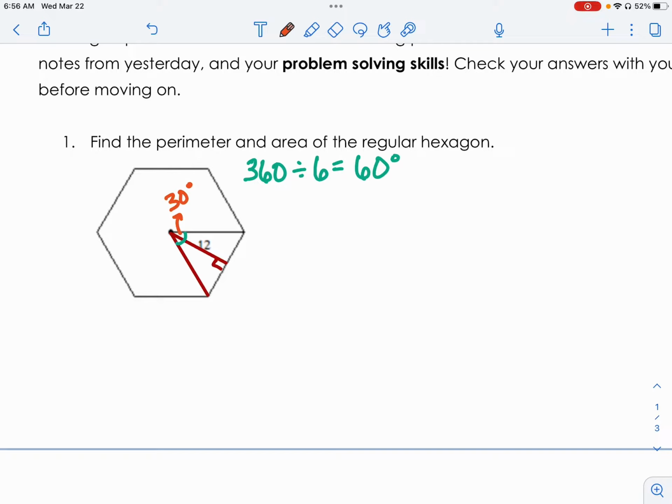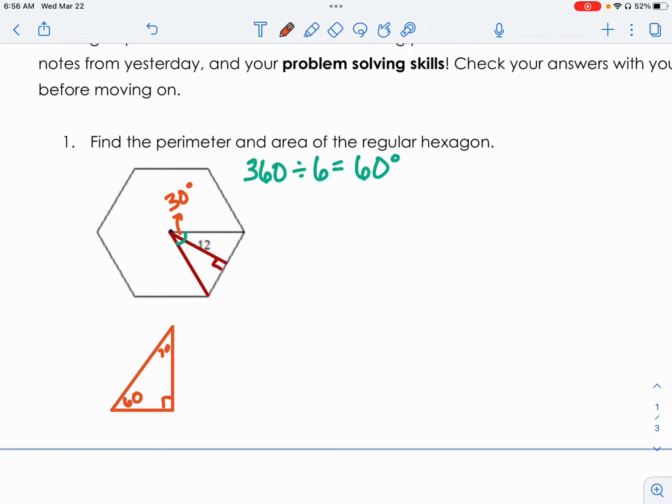Okay, so then you have a 30, 60, 90 right triangle, which I'm drawing off to the side here. So in our case, that's 30, it's the 60, and we know that one side is 12.